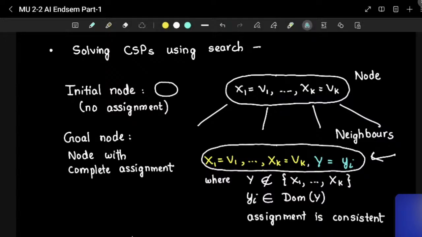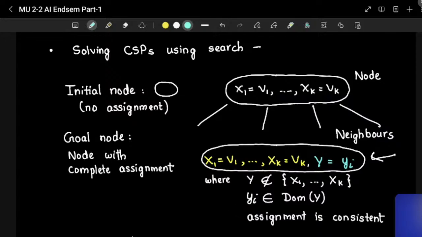If you look at the parent node, you can see that x1 to xk have been assigned some values. So you have to find a variable Y that has not been assigned yet. It should not be x1, x2, or xk, or any of these. So Y should be a variable that has not been assigned any value. And of course, yi should belong to the domain of Y. That is where you're going to get your values from.